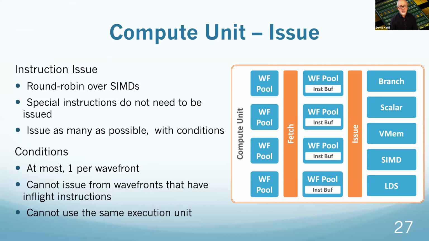Special instructions do not need to be issued. We issue as many as possible with conditions, and those conditions is at most one per wavefront. Cannot issue from wavefronts that have in-flight instructions and cannot use the same execution unit. So again, a set of issue rules that tell us what we can do within the compute unit.